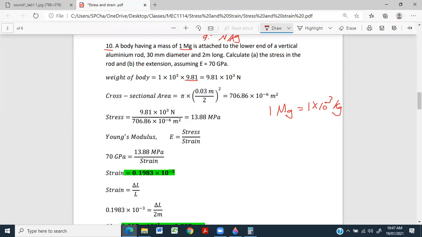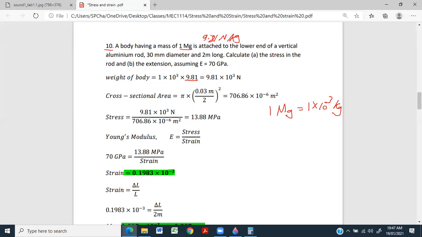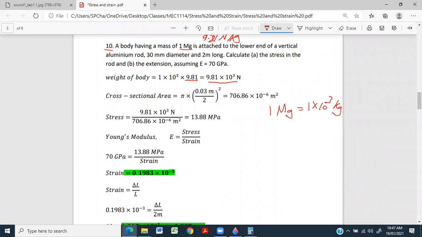So 1 times 10 to the power of 3 times 9.81 is equal to 9.81 times 10 to the power of 3 newtons, or alternatively 9,810 newtons, as the weight of the body. Either way is fine. So we have the force, and we're asked to calculate stress.